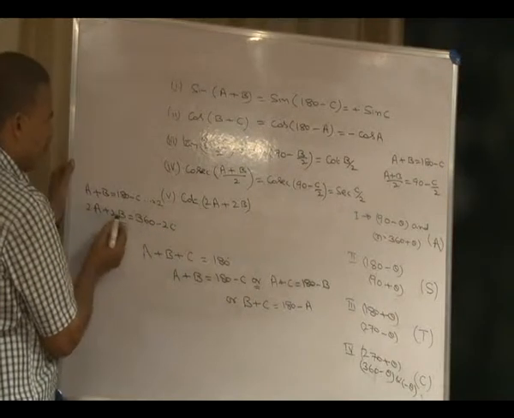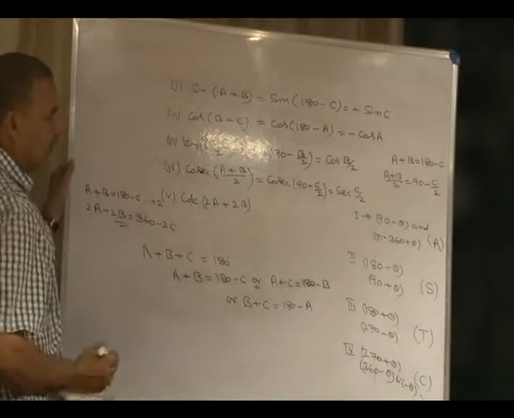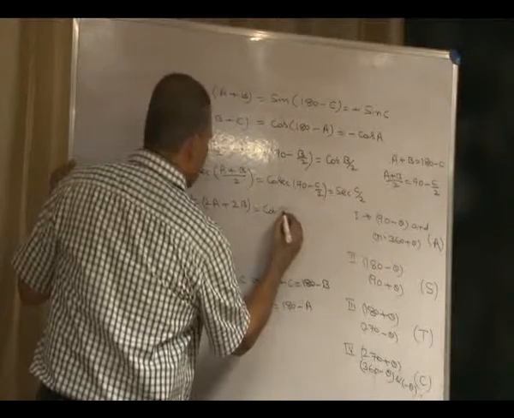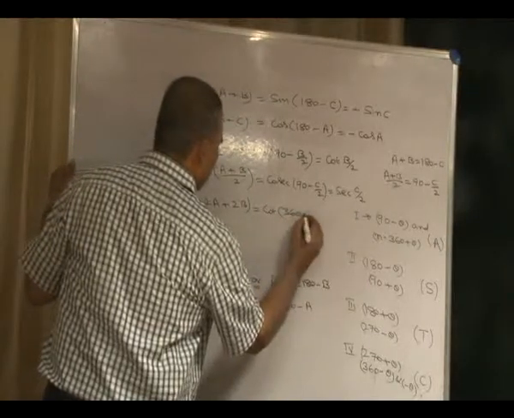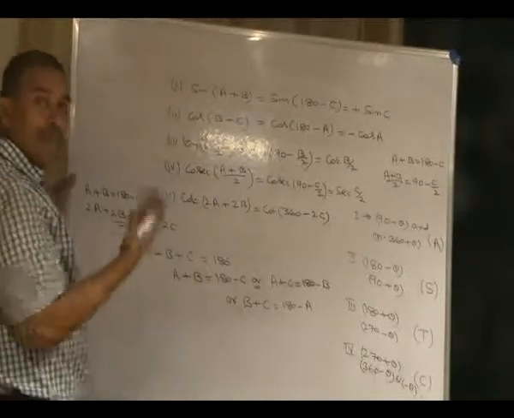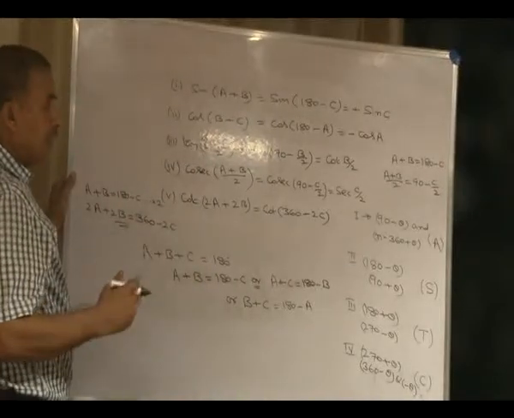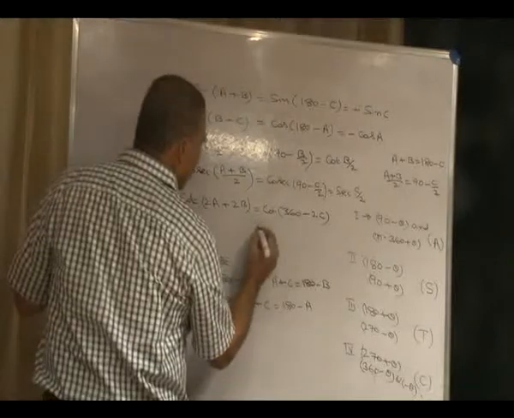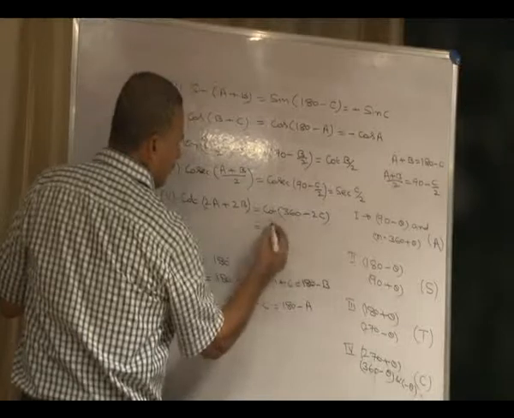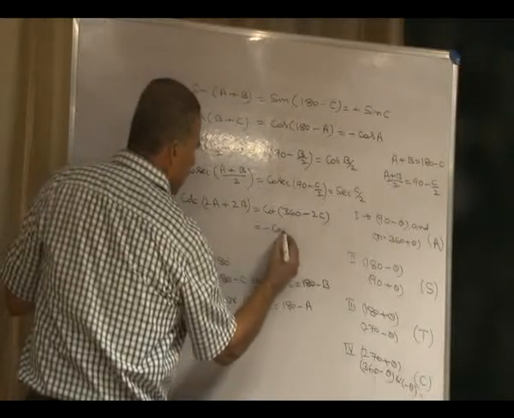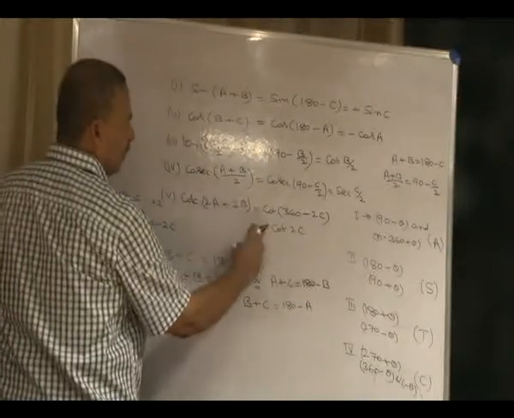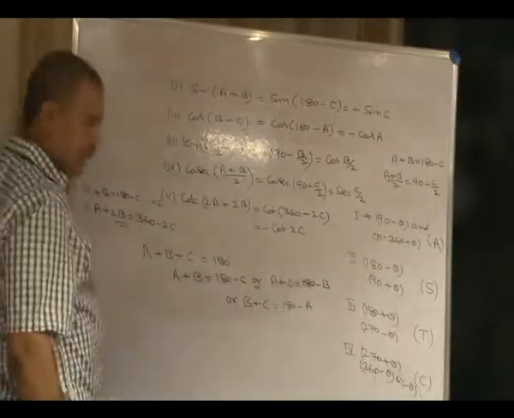In place of 2A plus 2B, substitute 360 minus 2C. Here that is cot of (360 minus 2C). 360 minus theta comes under the fourth quadrant. In the fourth quadrant, cot is negative, and in 360 minus theta, same function, that is minus cot 2C. Cot of (2A plus 2B) equals minus cot 2C.